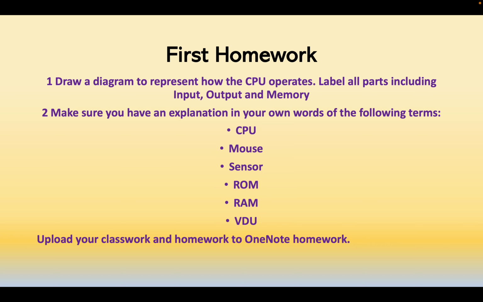If you're stuck, you can have a look on Google, but try and see if you can do it based on the information I gave you earlier when I talked about the CPU. And make sure that I can see where is input, where is output, and where is memory, for any computing device. Don't think necessarily about one particular device, but think of any computing device. And remember, the most basic computing device you have is your calculator.